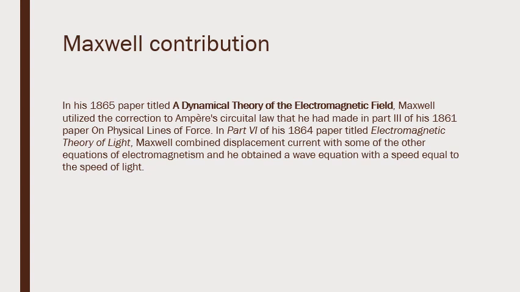You can refer to that class where we showed how he added a particular term that is called displacement current in Ampere's law. So that is called the modified Ampere's law. Finally, he used these four laws to obtain the electromagnetic wave. He did some mathematics that I will discuss in the next slides.